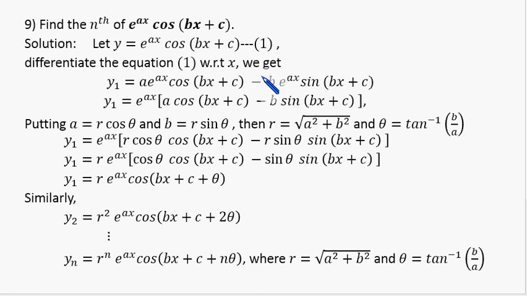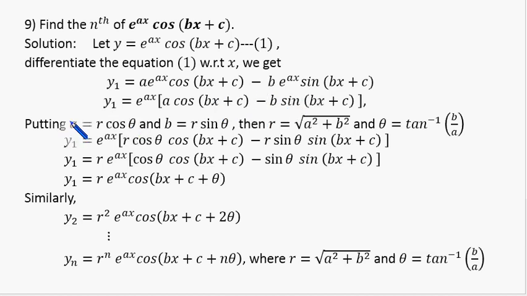So that is minus b into e power ax into sin of bx plus c. We can take e power ax as a common term, that is y1 is equal to e power ax into a into cos of bx plus c minus b into sin of bx plus c.